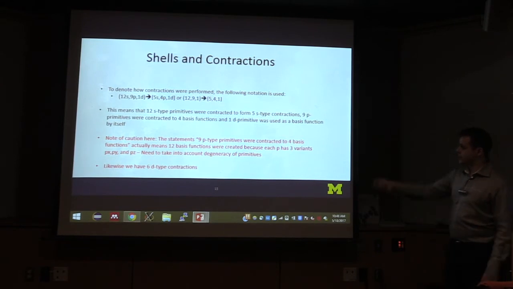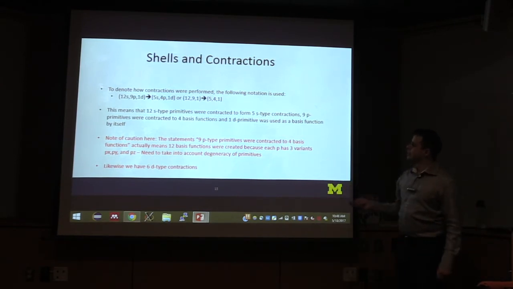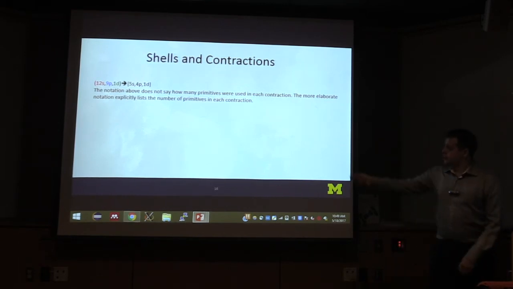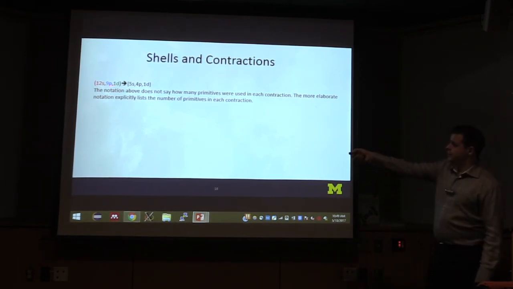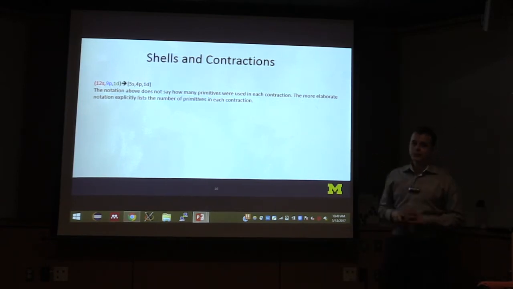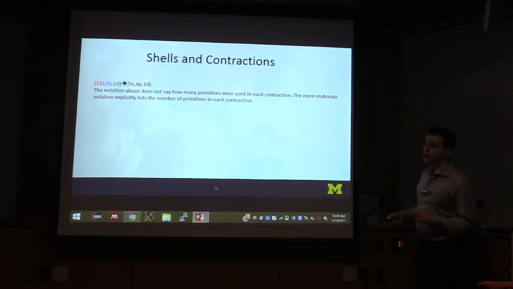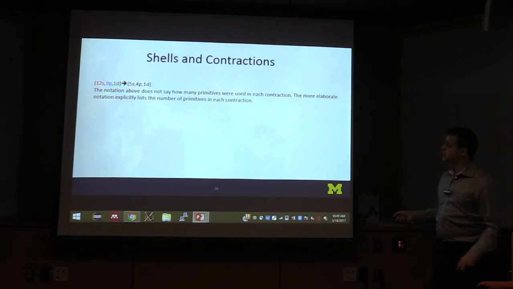Likewise, the d-type primitive here has 6 d-type variants. So this is a notation that was on the previous page, which tells you how many contractions you're forming. However, this doesn't say how many primitives are in each contraction. All we know is we have 5 s-type contractions. We don't know how many primitives are in each contraction.